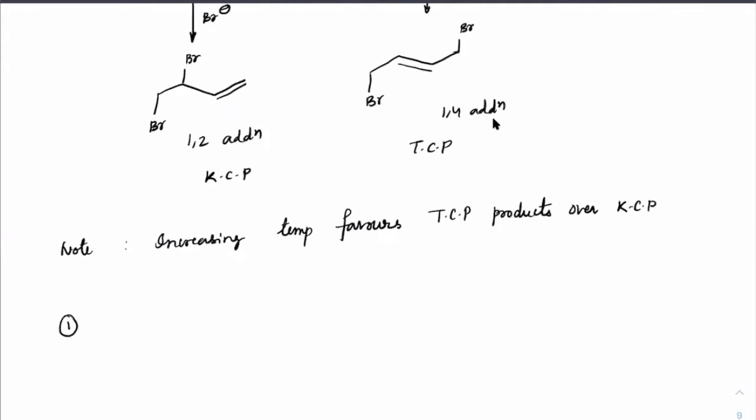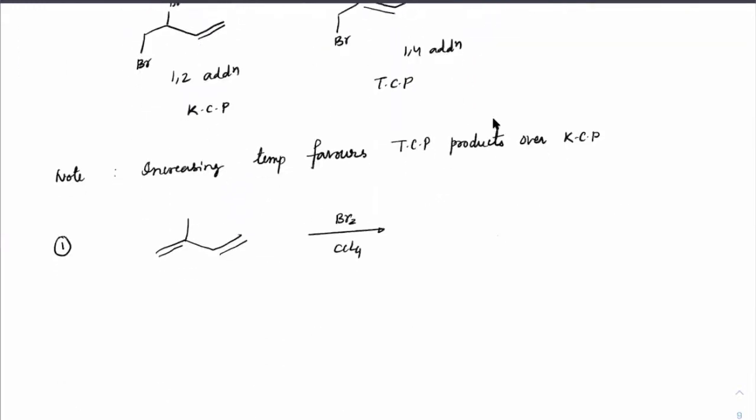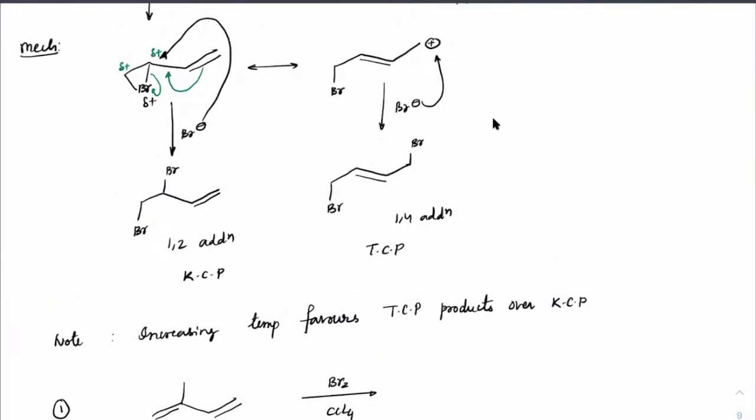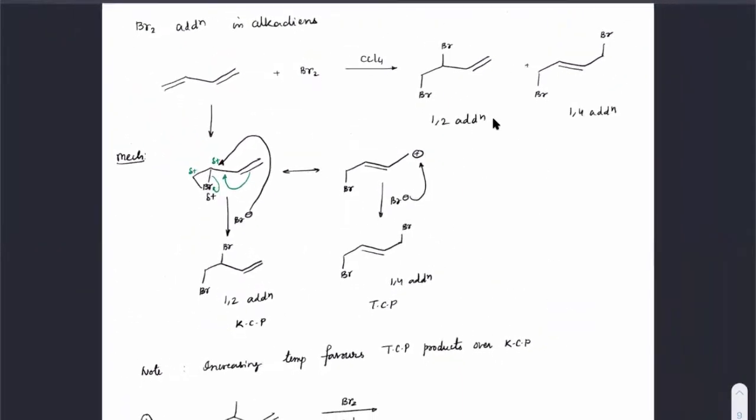So as an example, if you have a double bond and a double bond here, and you are treating that with Br2 CCl4, just write the products at both 0 degrees and 80 degrees, everyone, and mention which is TCP and KCP.